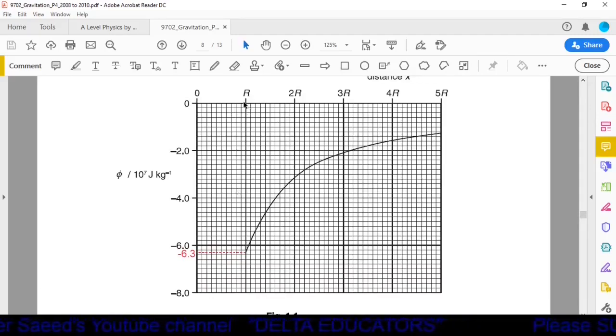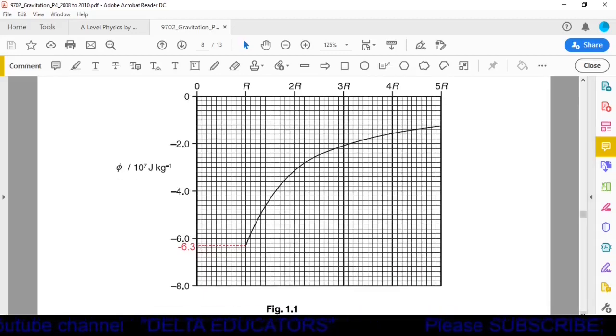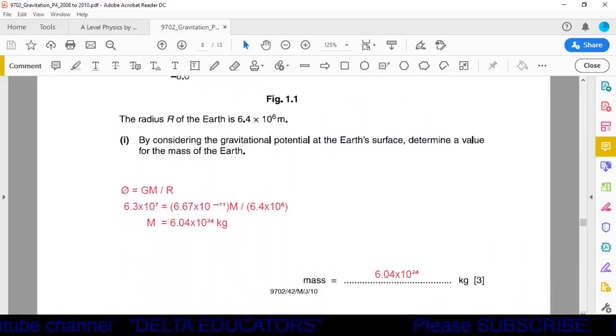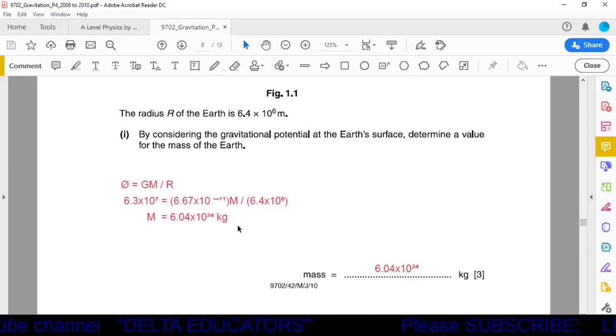This R means it is radius of the Earth, or we can say at this point there is surface of the Earth. At the surface of the Earth, gravitational potential is equal to minus 6.3. So we can say at the surface of the Earth, the value of gravitational potential is minus 6.3, or we can say simply the change in gravitational potential is equal to 6.3 into 10 power 7.